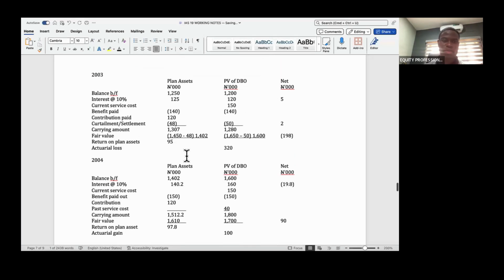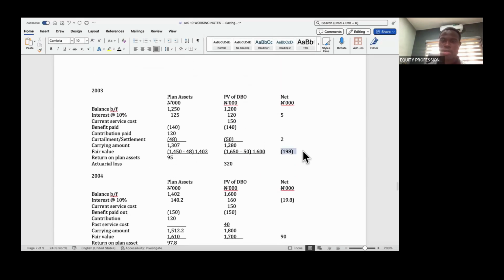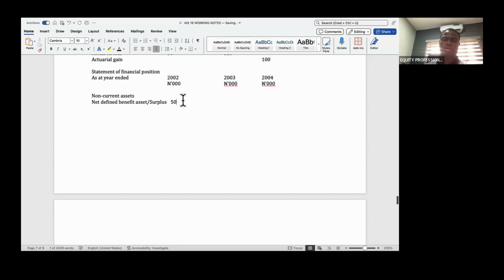Then in 2003, it was a net defined benefit obligation of 198, because the obligation was higher than the assets. That will show under my non-current liabilities. That's my net defined benefit obligation or deficit, 198.